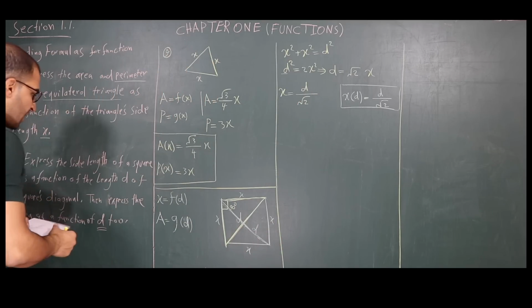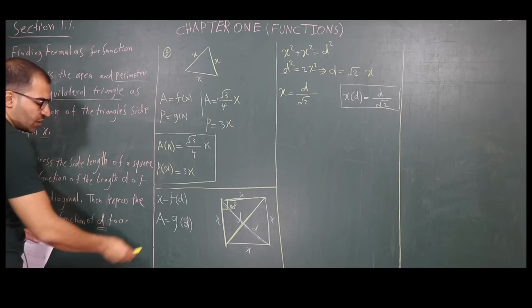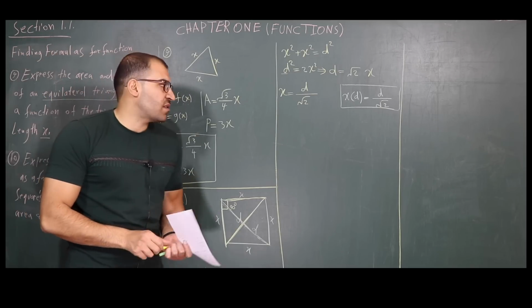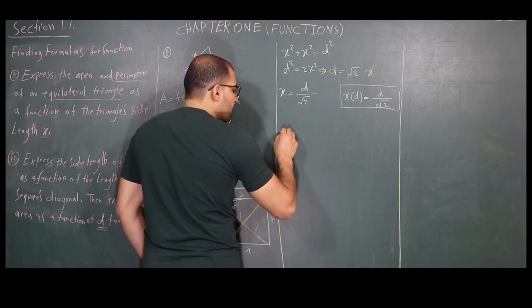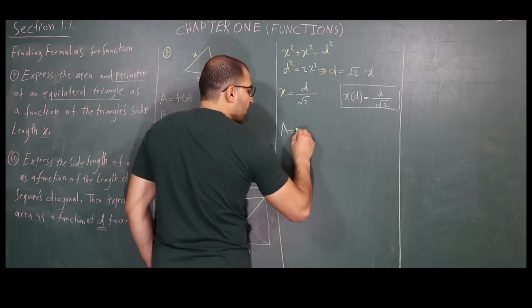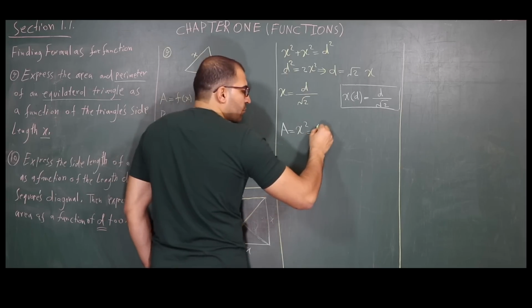What I'm going to do right now also is express the area of the square as a function of d. So A will be x squared, that means x multiplied by x.